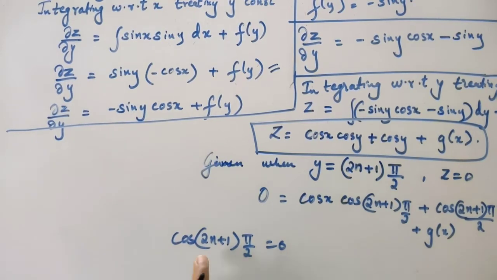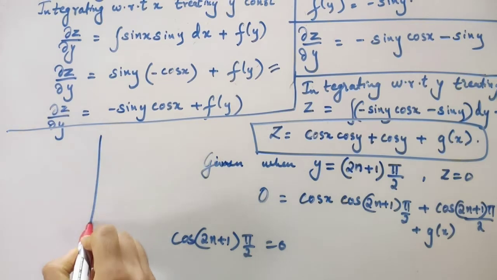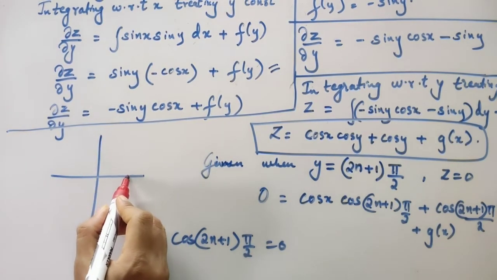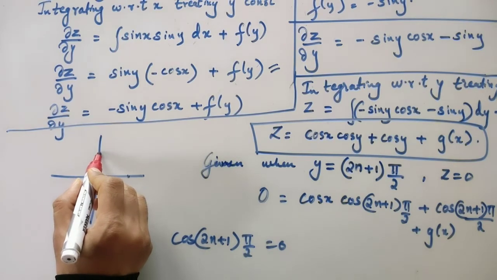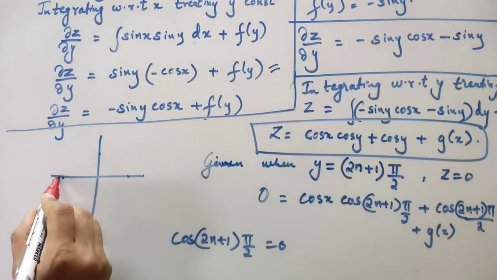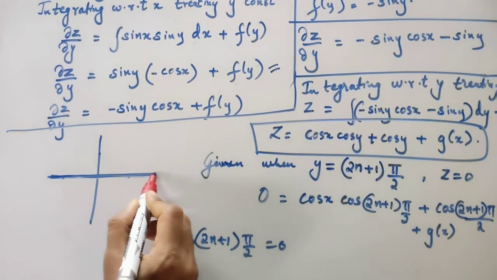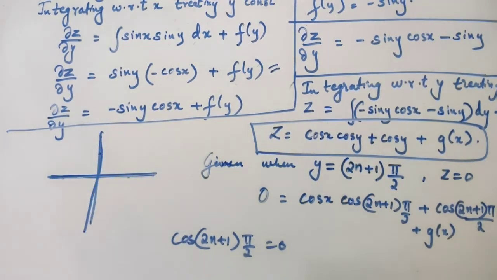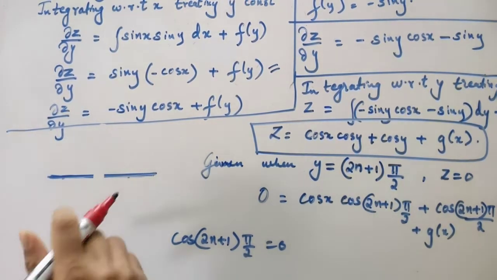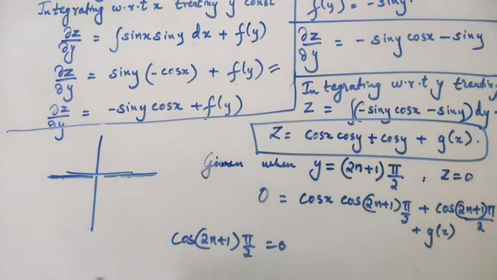Because of odd multiples of pi by 2: on the x-axis you have even multiples of pi by 2, whereas the y-axis comes to be odd multiples of pi by 2. So on the y-axis the cos function is 0, and hence these two terms are 0.